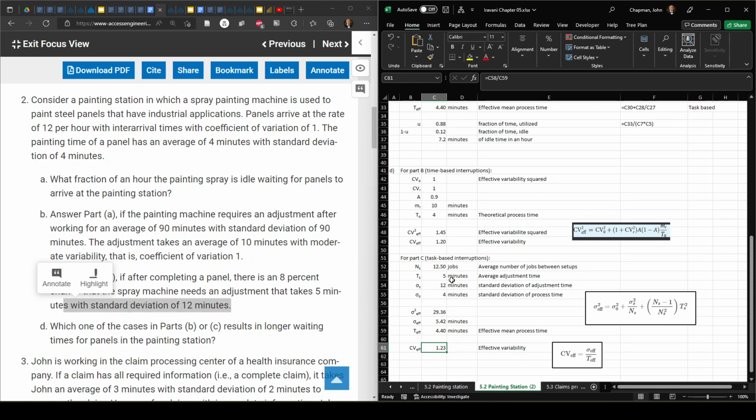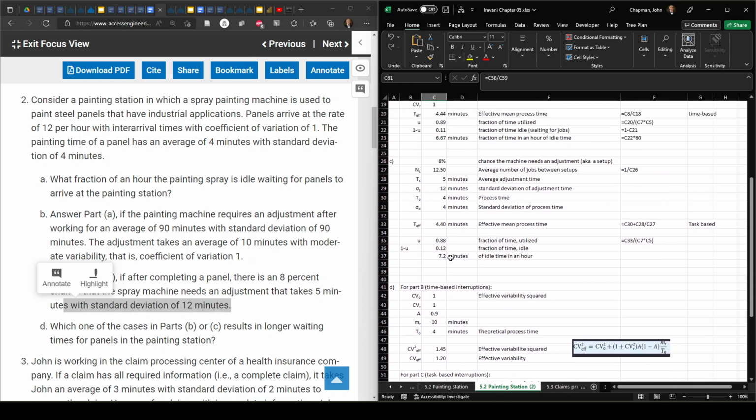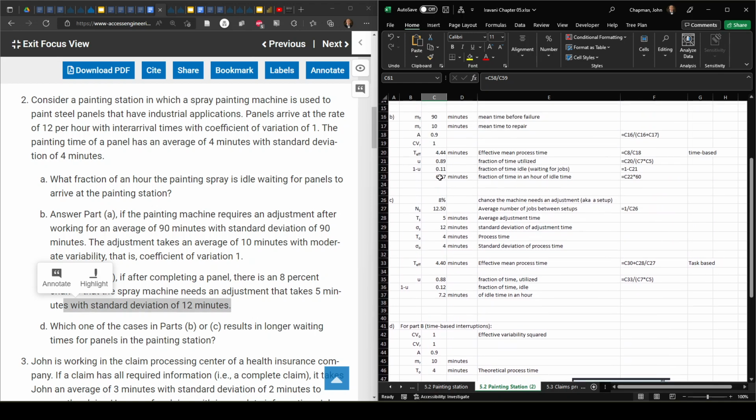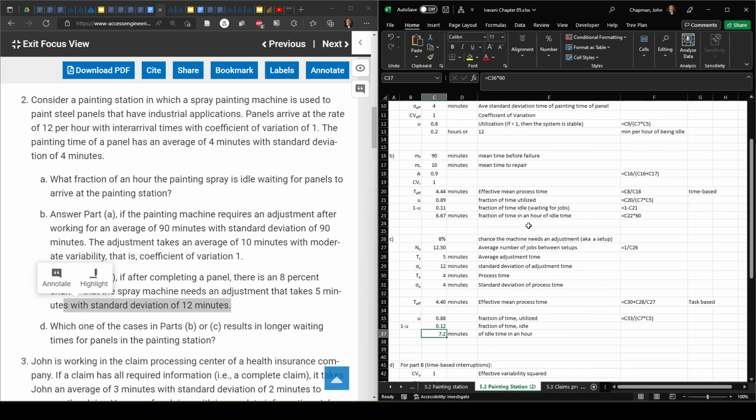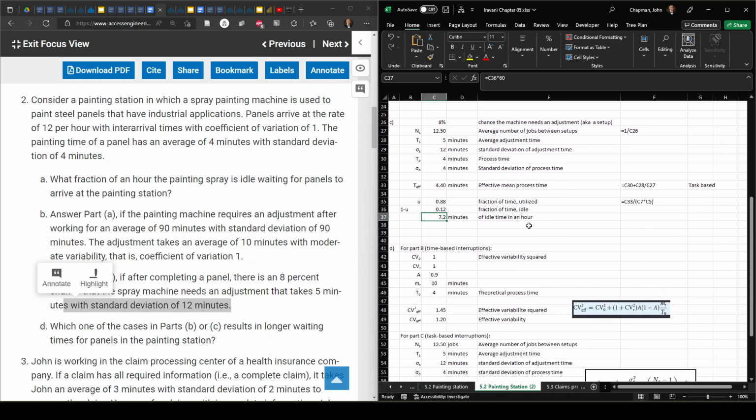Notice that this is very close to the 1.2. So it turns out that these processes are very, very similar. We also see that in the idle time as well. Pretty close idle times for these two different scenarios for this painting station. And that concludes this problem.